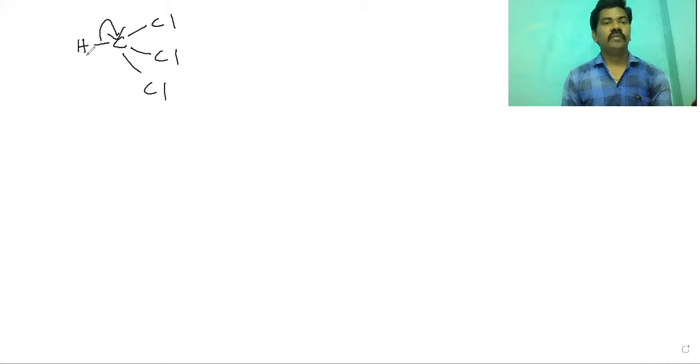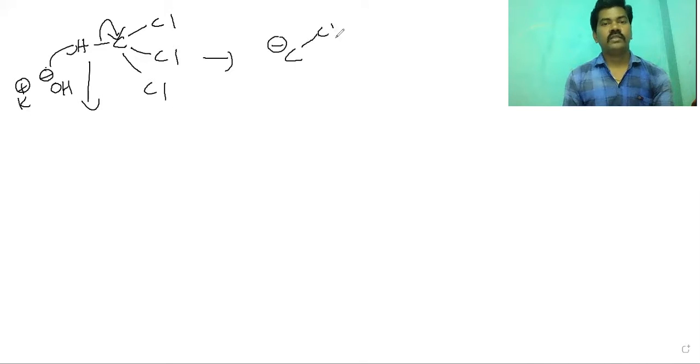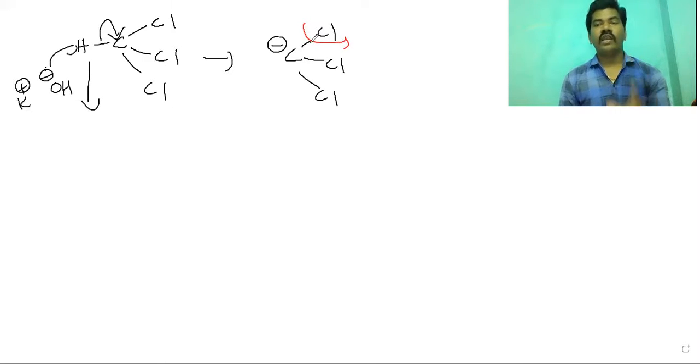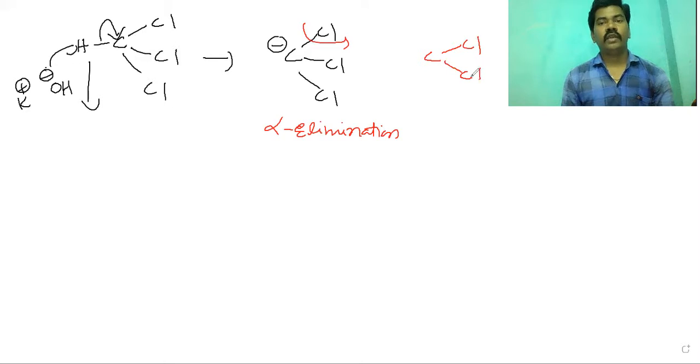This H reacts with the potassium hydroxide, the base, so H2O is eliminated and we get the carbanion, C minus with three chlorines. Then a chlorine is eliminated quickly by alpha elimination, to form dichlorocarbene.